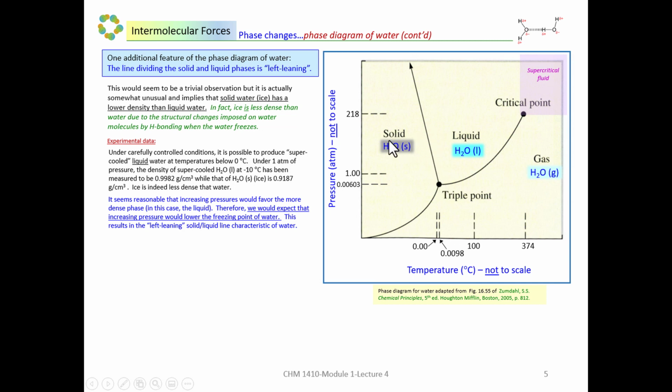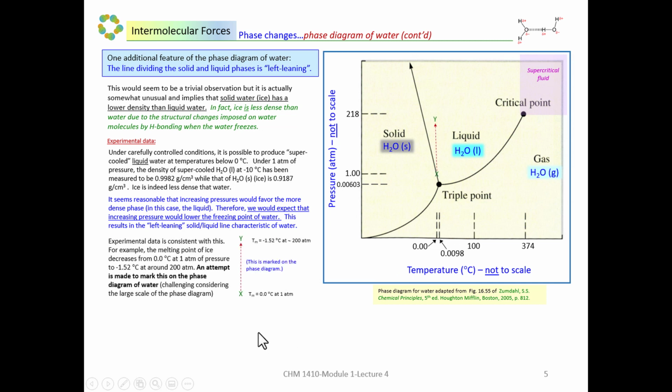It's moving to the left. This left-leaning line then shows us that the melting point decreases with increasing pressure. And it also tells us, of course, that increasing the pressure favors the liquid form, the more dense form.